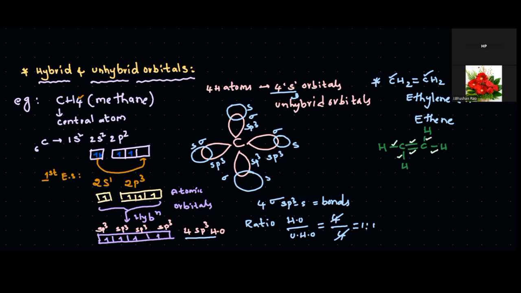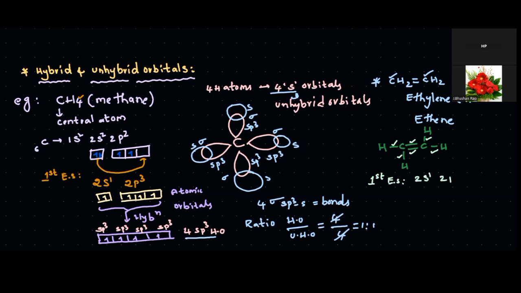This carbon also requires 4 unpaired electrons. Just now we discussed that carbon in the ground state has 2 unpaired electrons and 1 lone pair. But in the first excited state, it has 4 unpaired electrons. Same here, carbon in the first excited state is involved in the hybridization, same 2s1, 2p3.